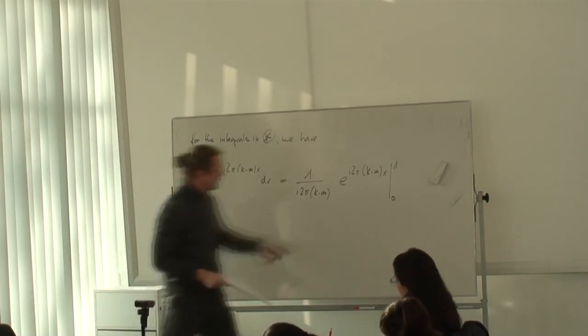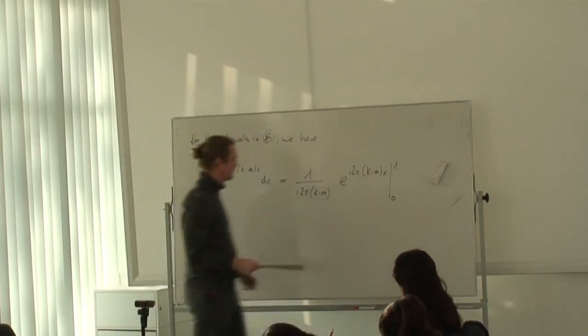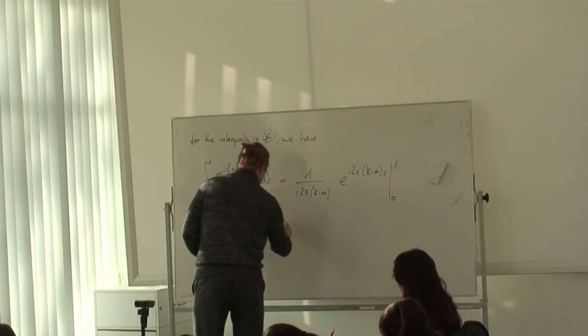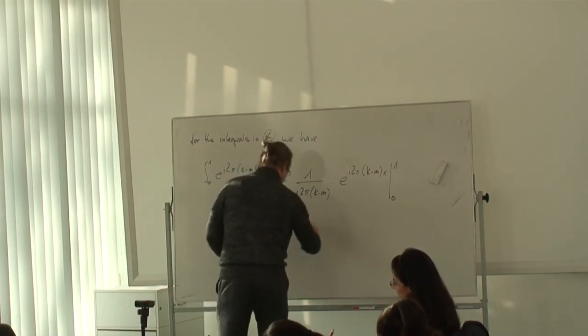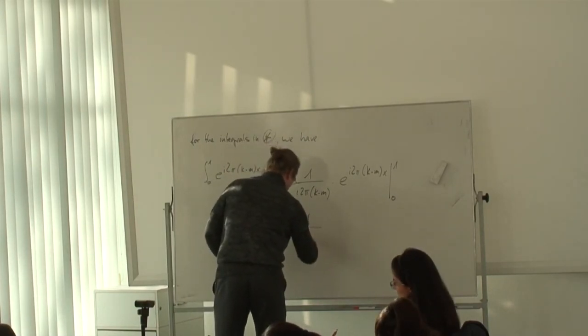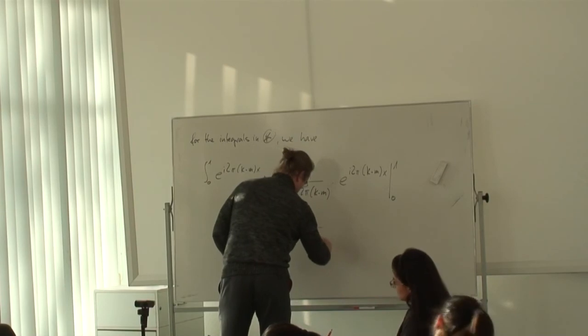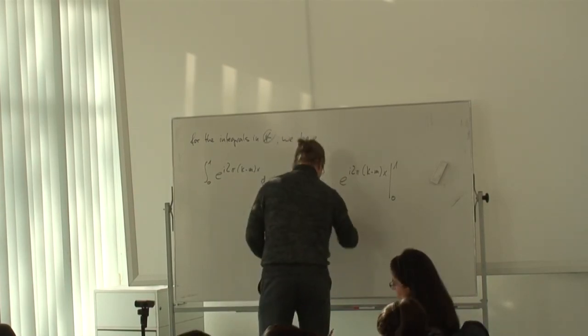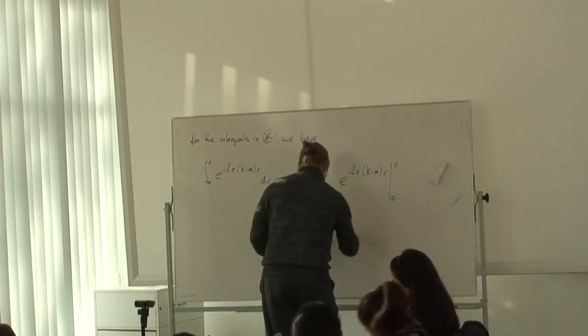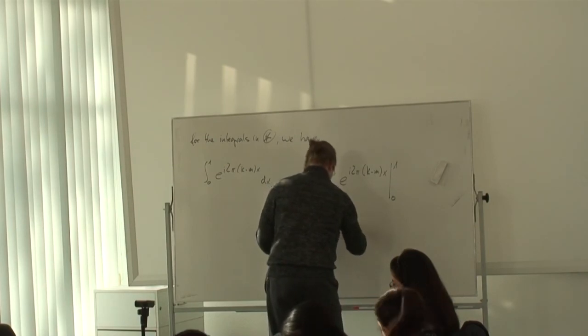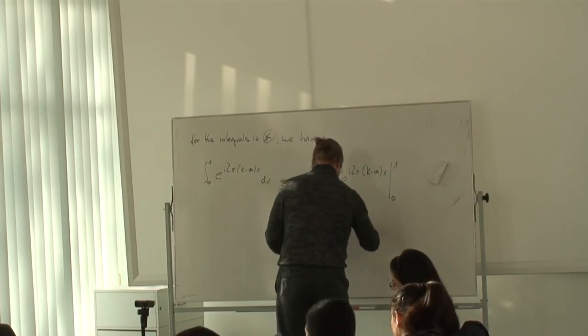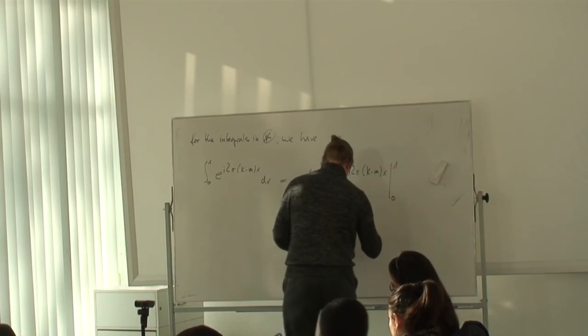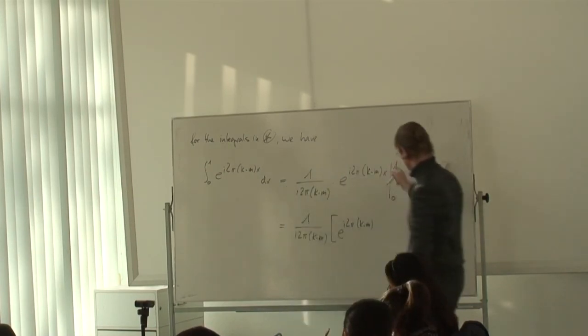Now, let's plug in 0 for x and 1 for x, and therefore we get, this is the same as 1 over I 2 pi (k minus m) times, first with 1, e to the I 2 pi (k minus m) times 1.